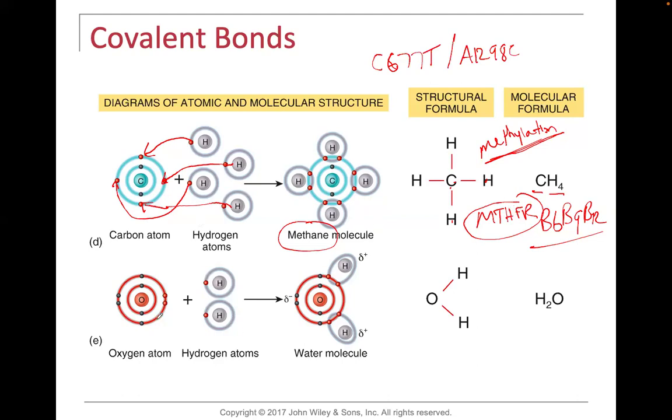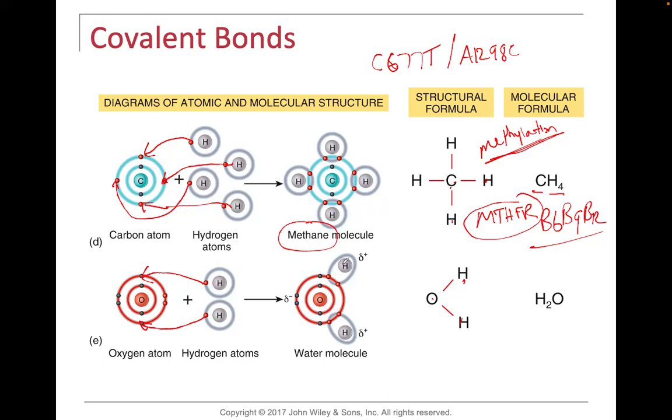Here we have H2O. Again, we have oxygen that only has 6 electrons in the outer shell, and we know hydrogen has 1 electron. So if we take this one and go here, pair that one up, go here, we pair that one up. Now you have 8, and you have something stable called H2O, 2 hydrogens, 1 oxygen.